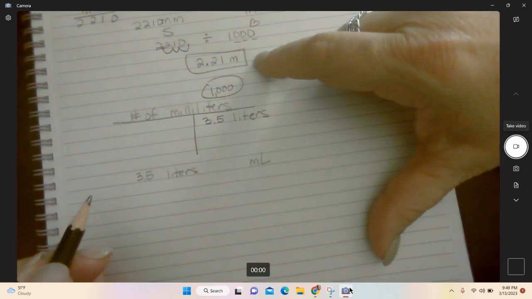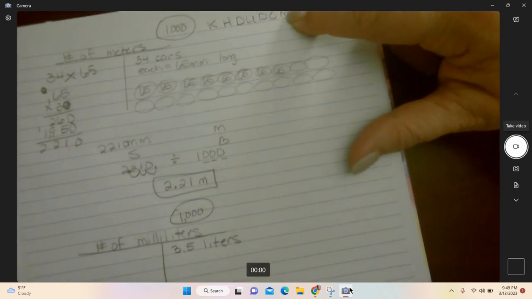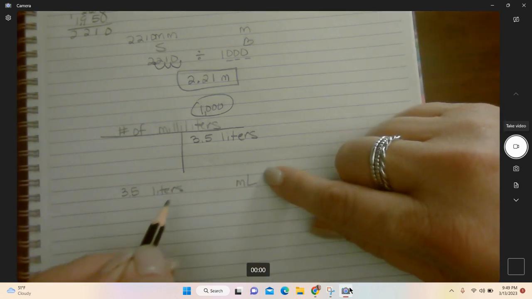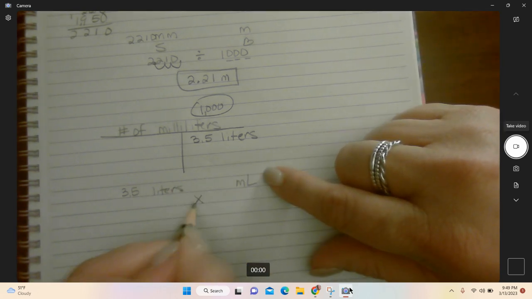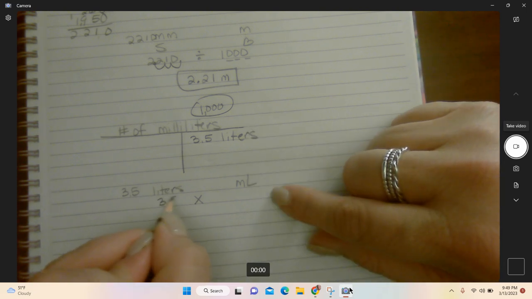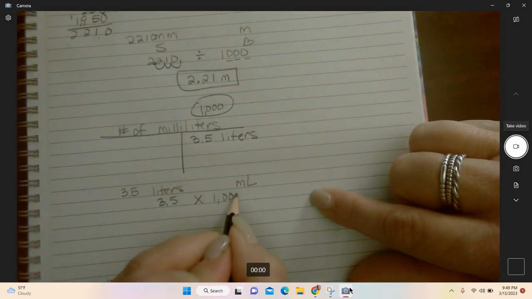And I know that my unit is bigger than my milli, so I'm going from big to small. BS is times. And so BS for big small. So I'm doing 3 and 5/10 times my magic number, which is 1,000.